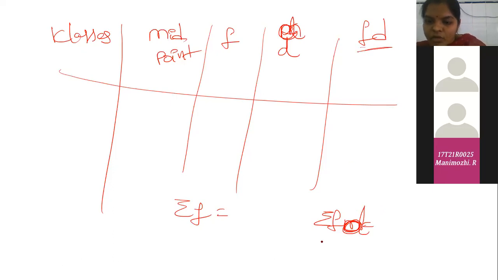This is FD, no? So this will come sigma FD only, not FM. Sigma F is same, 100. And you just calculate it for FD. It is a textbook mistake. Are you doing?